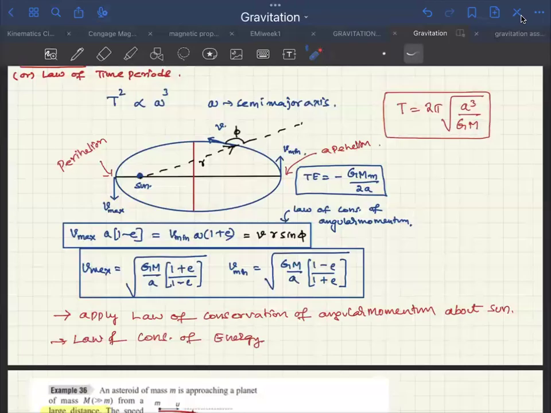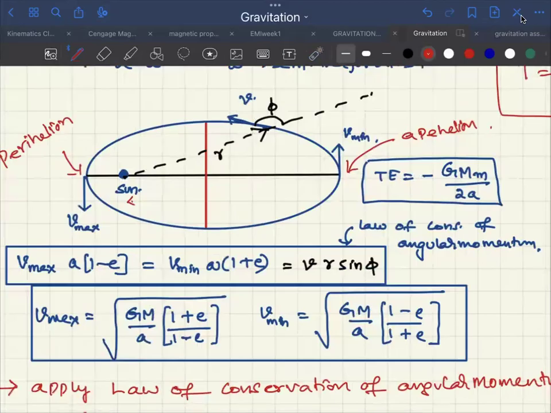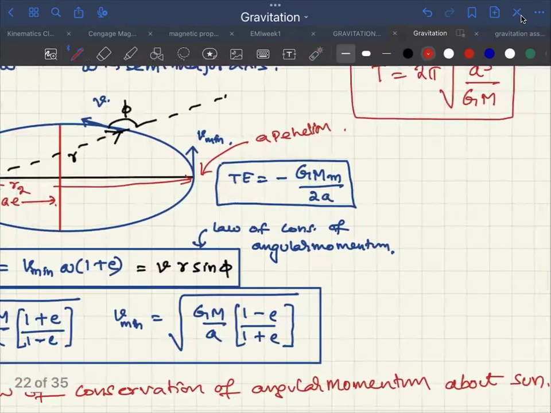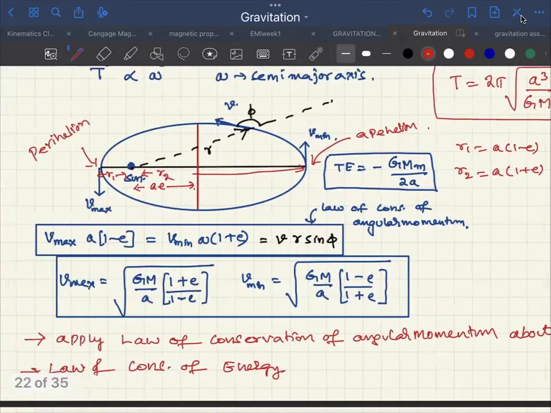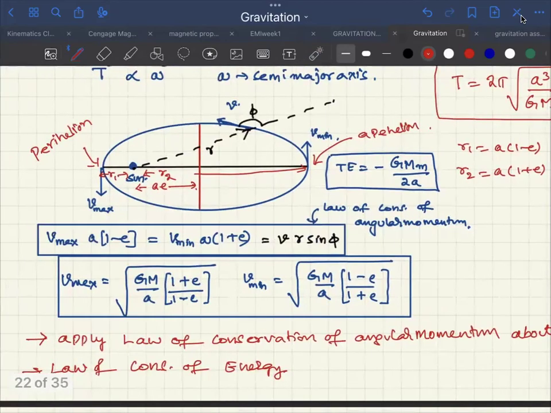And not only that, now you know for an ellipse, as mentioned, this distance is AE. If this distance is R1 and this distance is R2, then clearly R1 is nothing but A into 1 minus E, and R2 is nothing but A into 1 plus E. From this, you can get this expression. For example, at this point versus at this point, angular momentum is conserved.